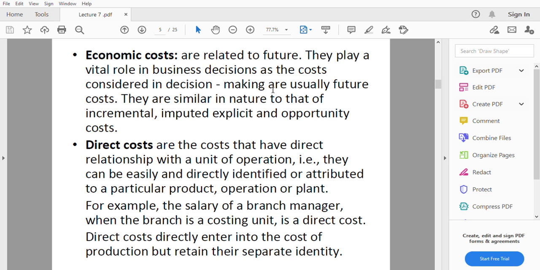Direct costs directly enter into the cost of production but retain their separate identity. But please note that these costs are not all isolated. Direct costs can fall into accounting costs as well. So just kindly note that.